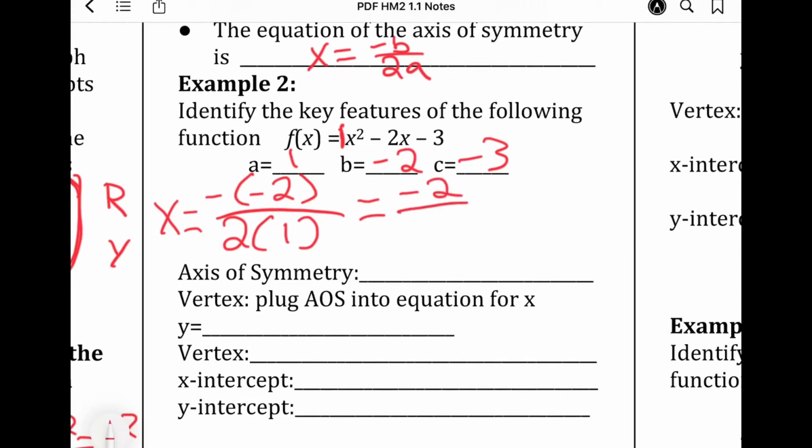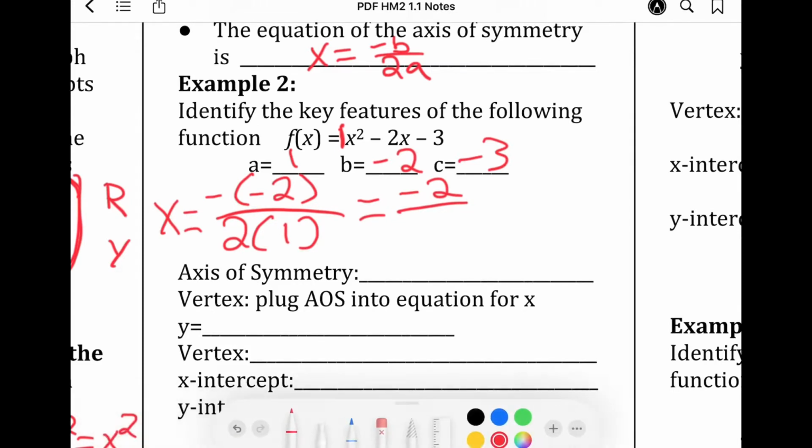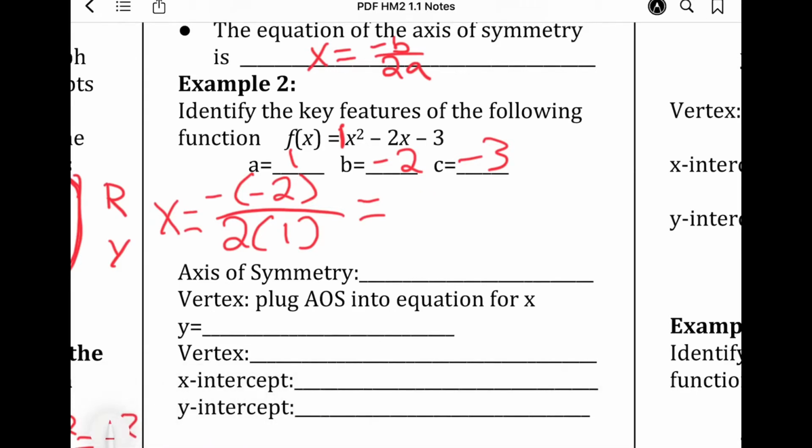We're going to simplify, so on the top we get negative 2. It's looking at the wrong problem. I am so sorry. On the top we get positive 2. On the bottom we get positive 2. So our line of symmetry is found at x equals 1.